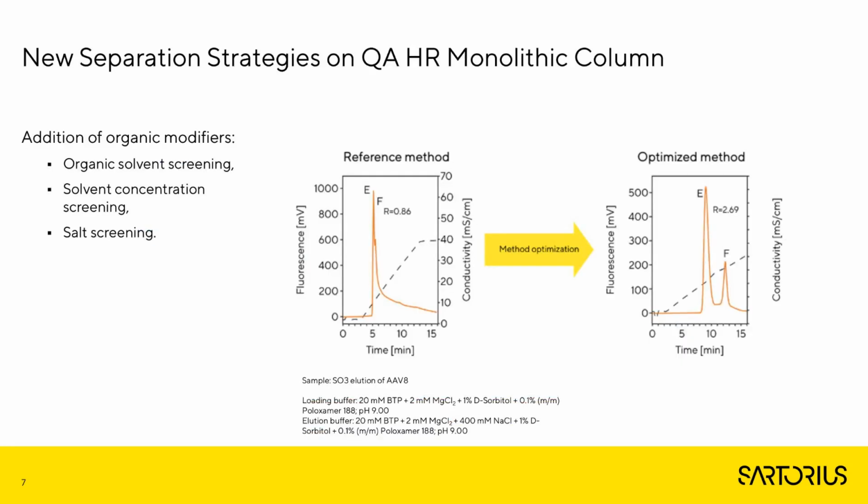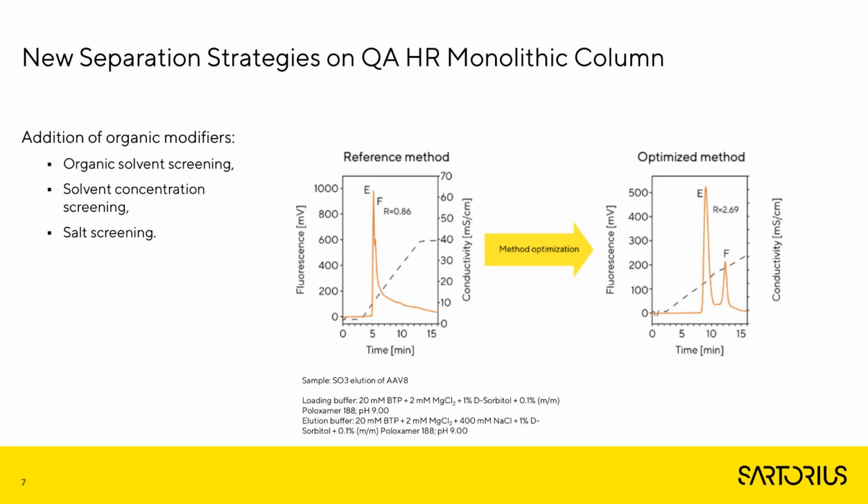For these separation strategies, we used a quaternary amine monolithic column. We took the reference method, where the empty and full separation was achieved with an increasing linear gradient. As you see, poor resolution between empty and full capsids is obtained.